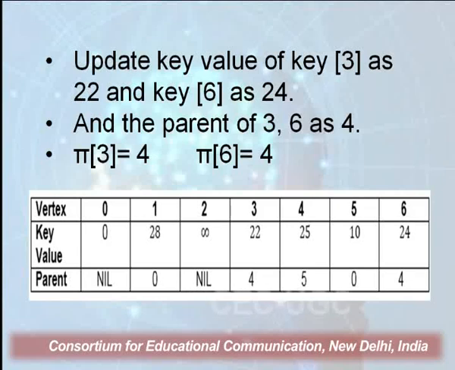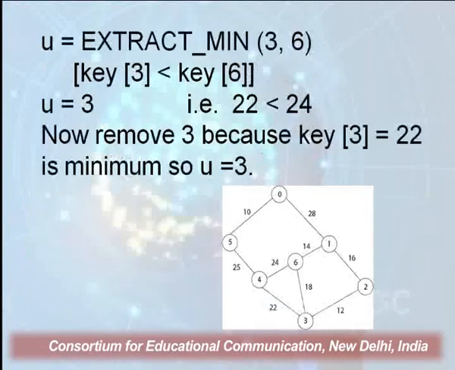For 1 the key value is 28, for 2 it is infinity, for 3 it is 22 and for 6 it is 24. At this step the parent of 3 and 6 has been updated as 4.